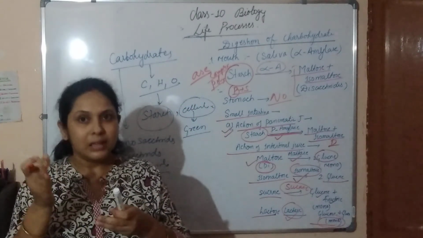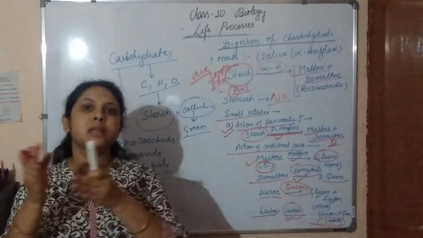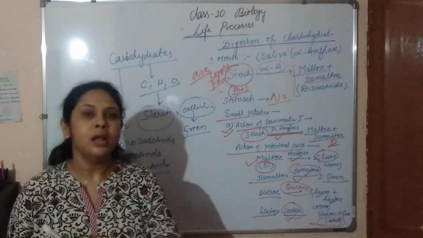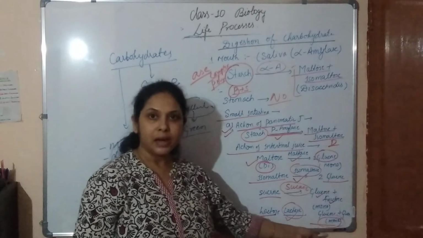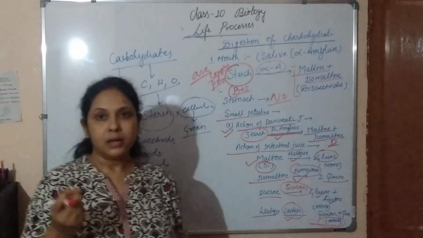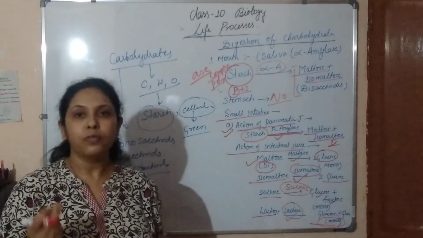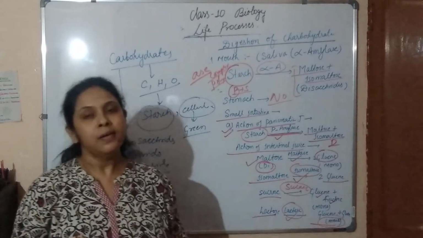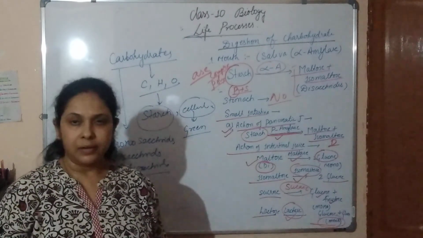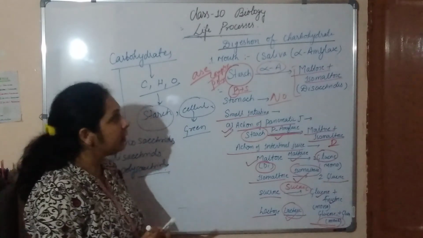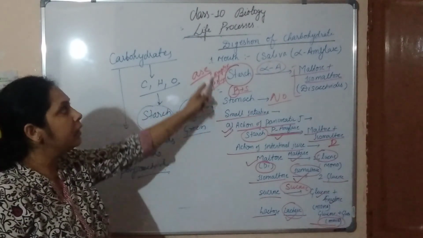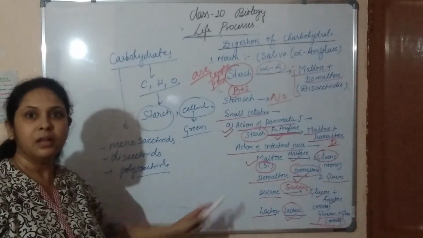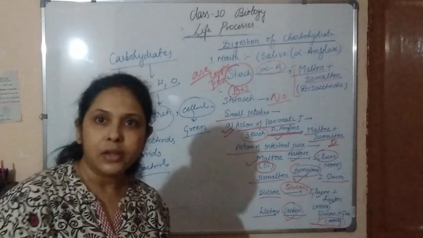So this complex starch is converted into a simpler one, called monosaccharide or glucose. Glucose is a single unit of carbohydrate, and then this glucose is absorbed by the intestine. In this way, we understood how the digestion process takes place in carbohydrate. So thank you so much.